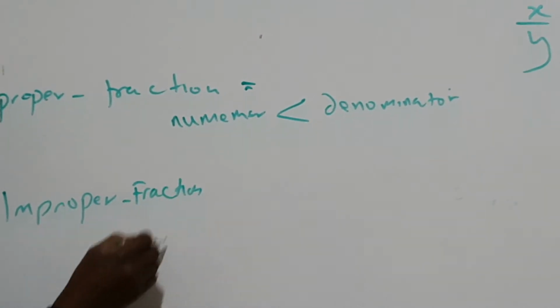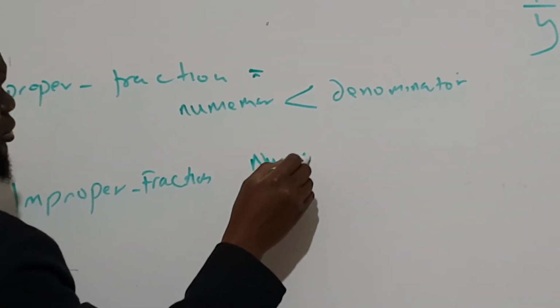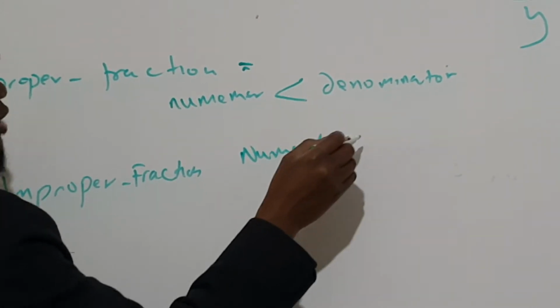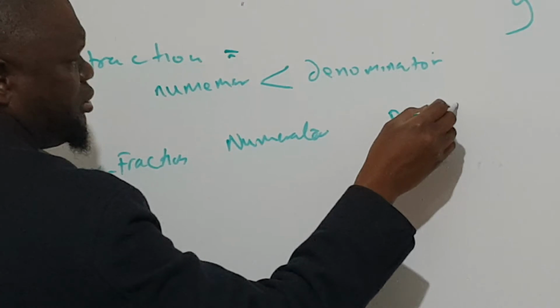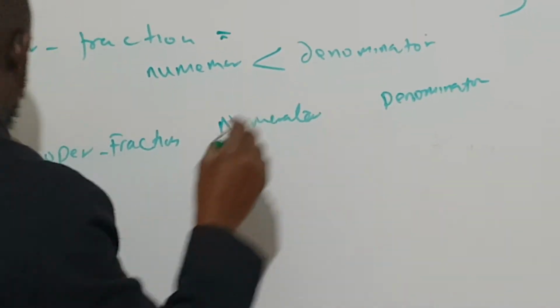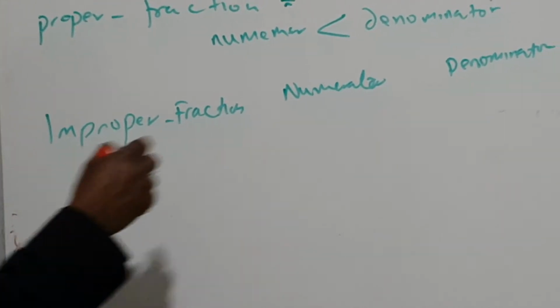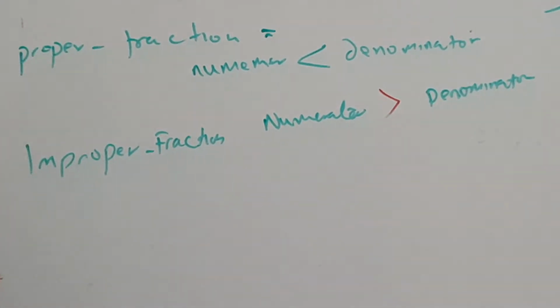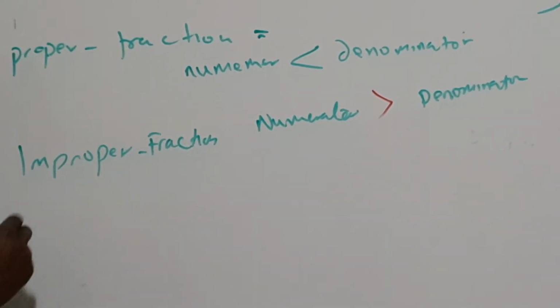An improper fraction is where, when we have the numerator and the denominator, the greater than sign goes towards the numerator.